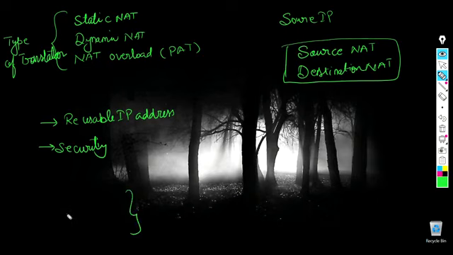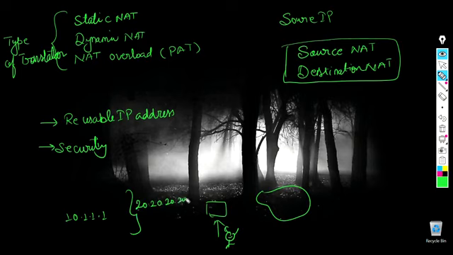So in this enterprise, I'm using 10.1.1.x, and when I'm going to the internet, if somebody is here tracking my traffic, a bad guy, right? If he is tapping my traffic and observing, he will see only my public IP address 20.20.20.20, and if he tries to access my machine, he cannot, because he doesn't know my private IP address. So another reason is security.